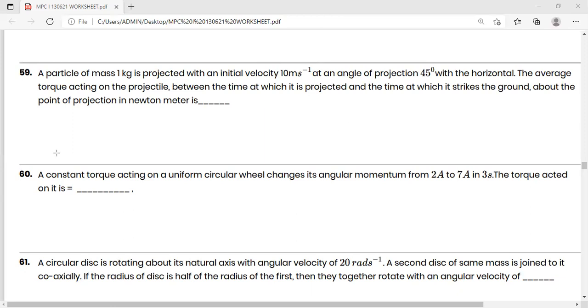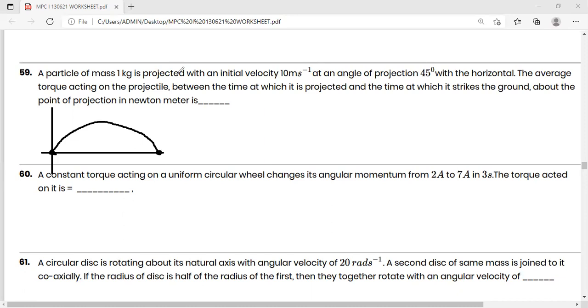Okay, here you can just consider a horizontal axis and a vertical axis, and here simply a particle is projected with some initial velocity, given as 10 meter per second, and then it follows a parabolic path, we know that, and from this point to this point you have to calculate the torque acting on it.